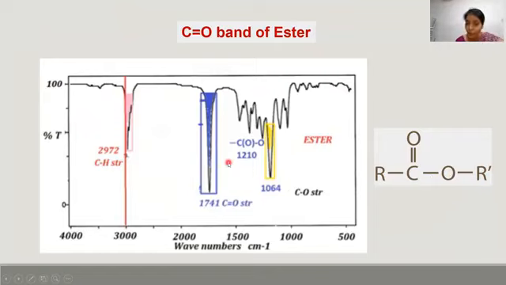And at 1210, this is the carbon oxygen stretching in which the carbon is sp2 hybridized. So in the case of ester, other than the carbonyl group, two peaks in the range of 1200 to 1050 centimeter inverse appear because of sp3 C-O and sp2 C-O bonds.